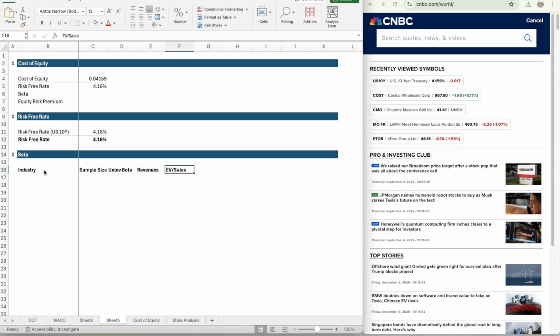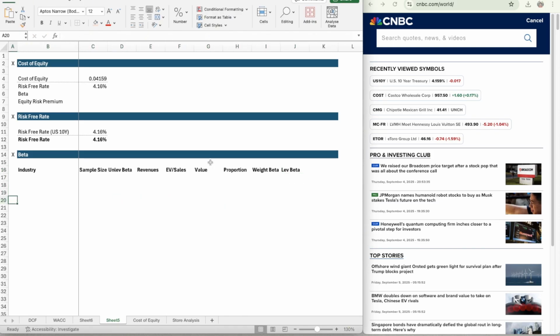Then it's the value, so that's the EV to sales ratio multiplied by the revenue, so the value of that segment for the company. Then the proportion, and then the weighted beta. Well, we'll call it weight so it fits. And then we work out what the levered beta is going to be.